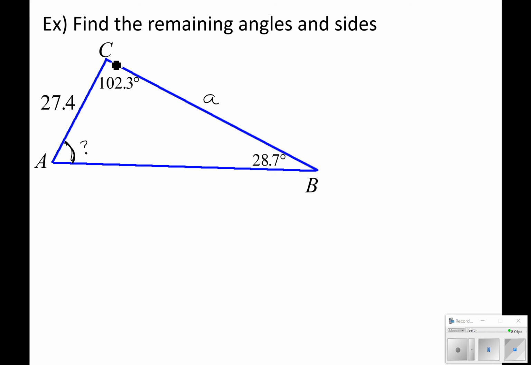Well, we have angle C up here, but we are missing side C. We do have angle B, and across from angle B, we also have side B. So we have the B's done. We have angle B and side B.